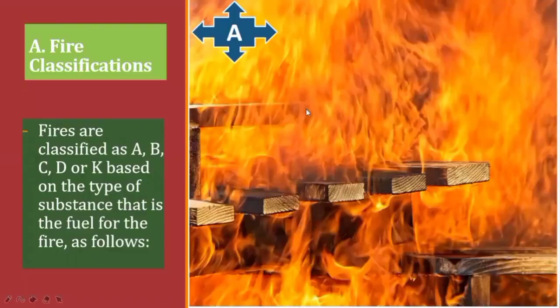In cases that Class A is what you are dealing with in the fire incident, what do you think is the best type of fire extinguisher that you can make use of?